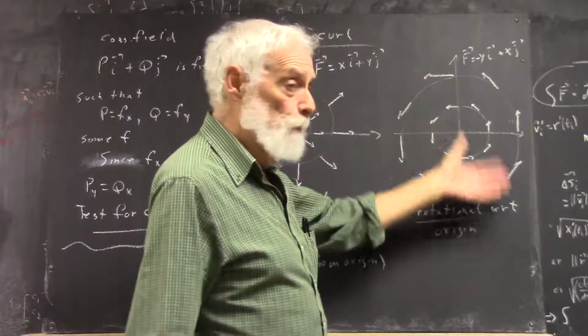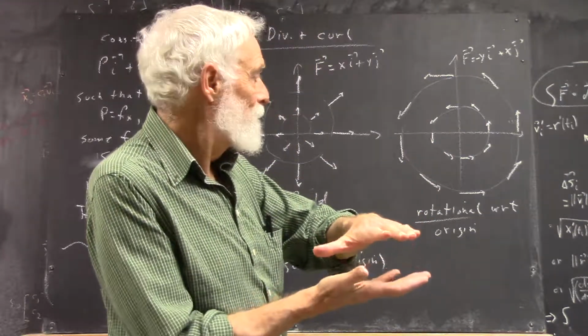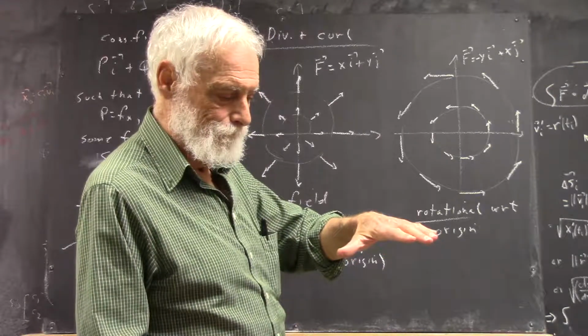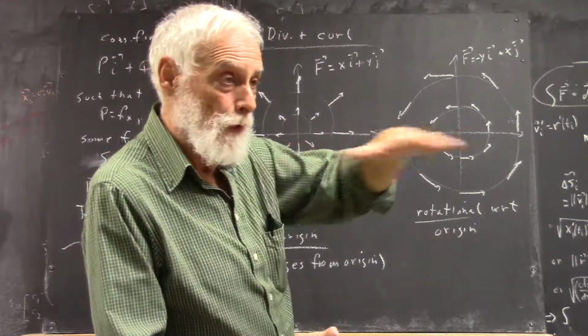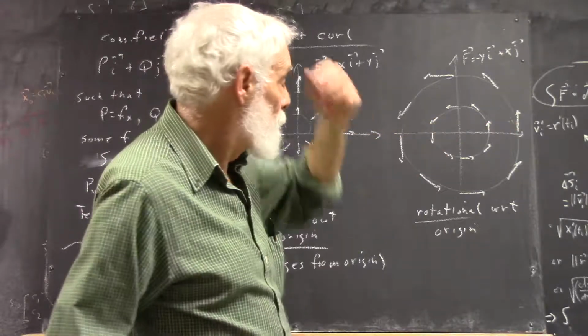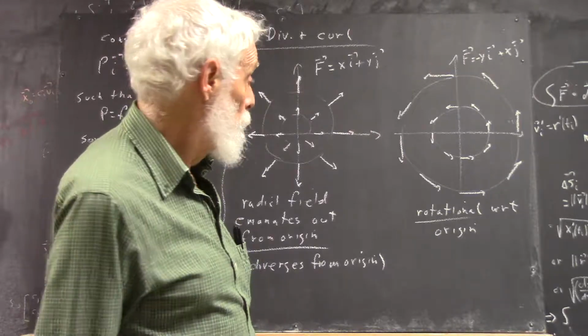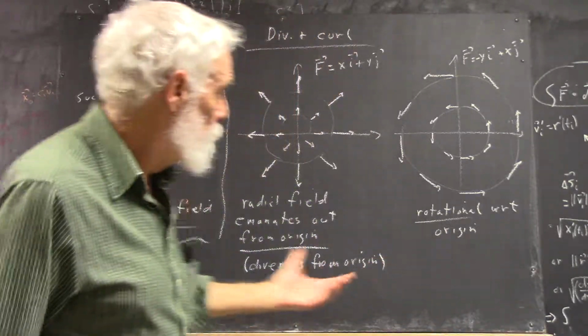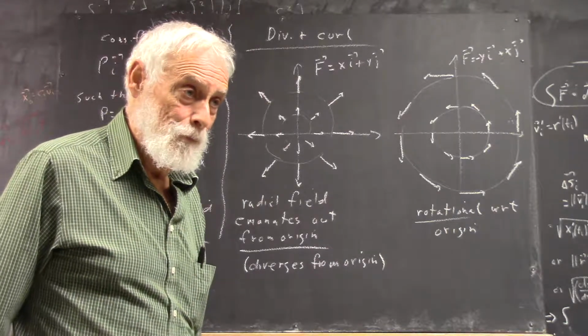And of course, since we're in a plane here, you could think of a uniform rotational field in a cylinder. You model that in just a plane, as long as you don't have anything going in the z direction. So, two different kinds of fields, a divergent field and a rotational field, right?